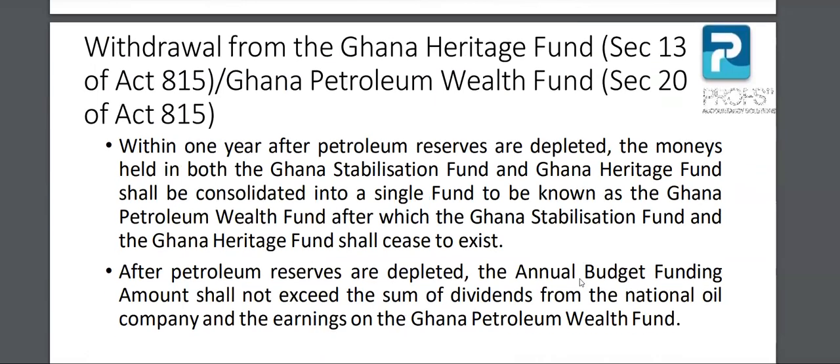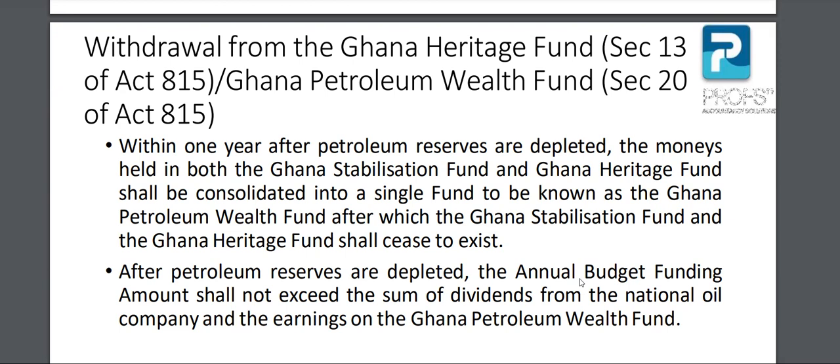But like I said, when the reserves are depleted, it also connotes that the Ghana Stabilization Fund and the Ghana Heritage Fund would need to be dissolved as individual funds, and they will be consolidated into a single fund known as the Ghana Petroleum Wealth Fund. So this is what Mr. Nkrumah was asking.